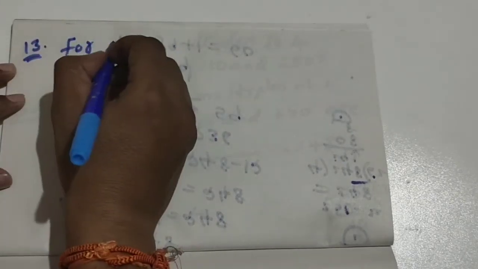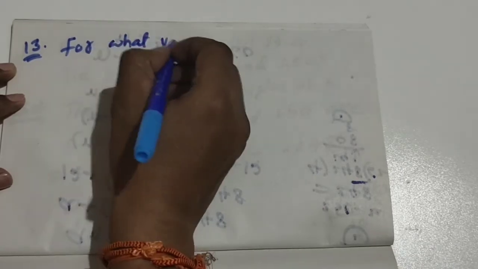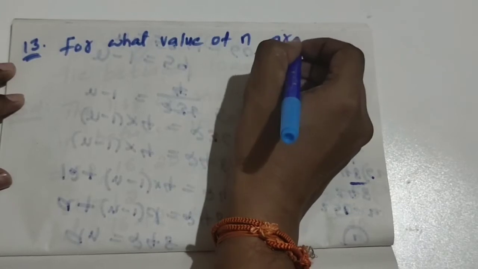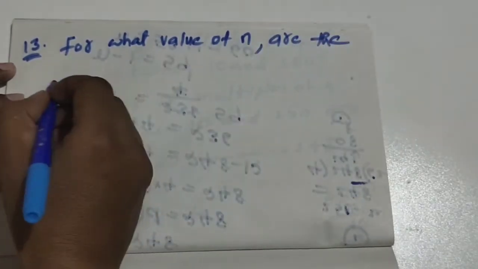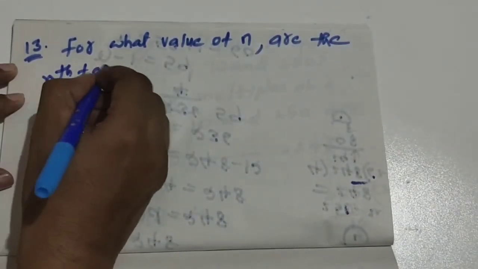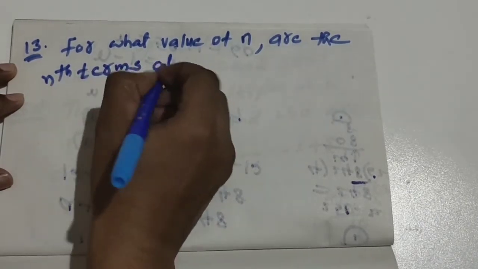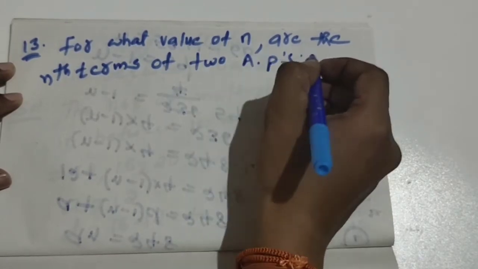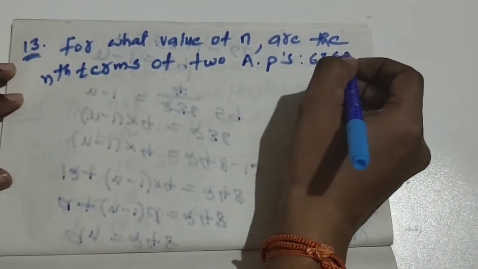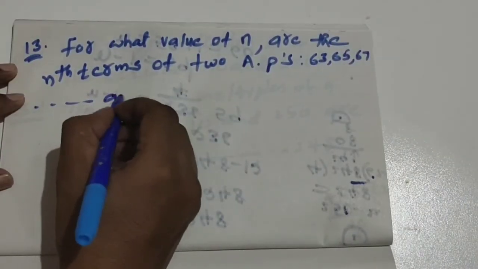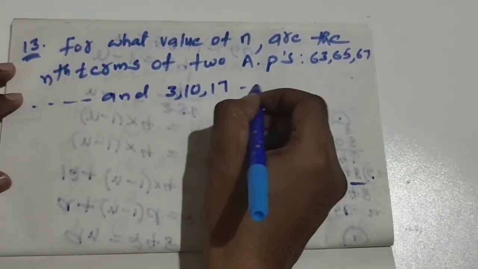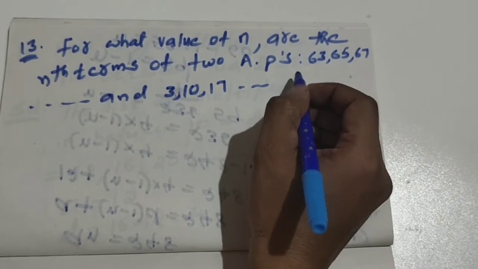Practice. And then next, most important, one more sum, very interesting. For what value of n are the nth terms of the two APs 63, 65, 67 and so on, and 3, 10, 17 and so on, equal?